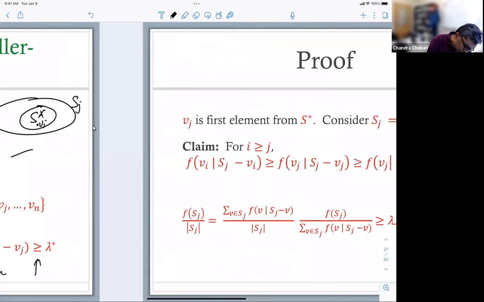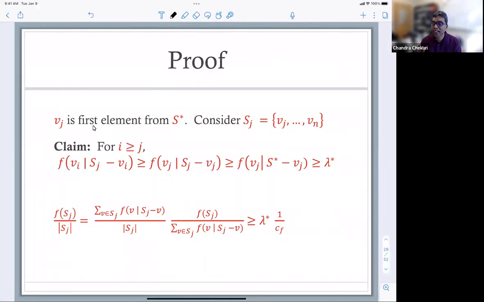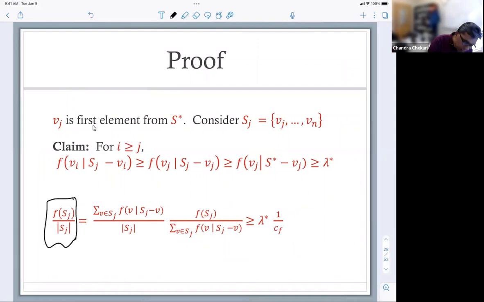Okay, now you just do the calculations, and you say, what is the density of the set Sj, F of Sj by Sj? Well, I just write F of Sj by Sj, and I multiply and divide by this quantity. What is this quantity? The sum over all elements in Sj of the marginal value of Vj to Sj, the sum over all marginal values of vertices in Sj, that I'm dividing and multiplying by.